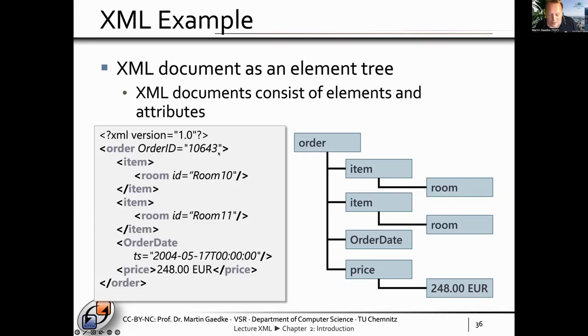So there is no other format allowed, like for instance in HTML. And an element must be closed, like item, close item. Room, this is already closed by the slash at the end of the tag, and that's it more or less. The very simple rules that come with XML.